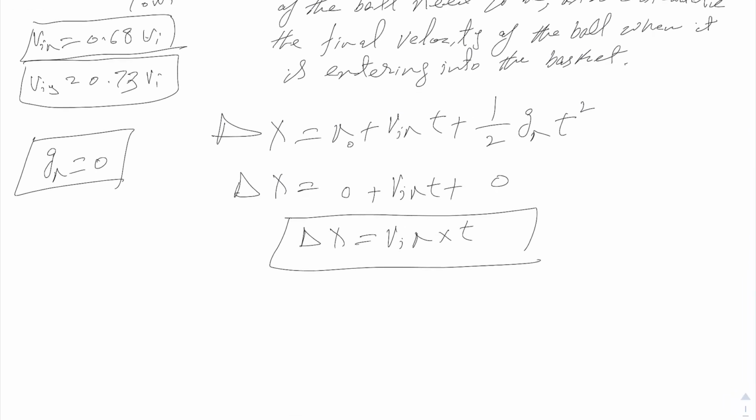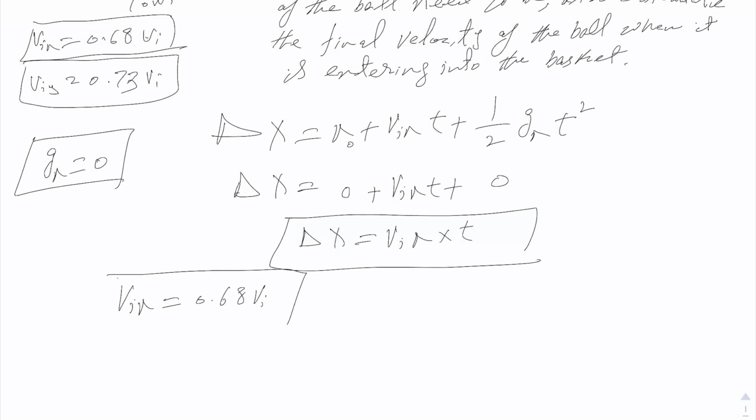So we know the value of the x component of the initial velocity, vix, equals 0.68 vi.